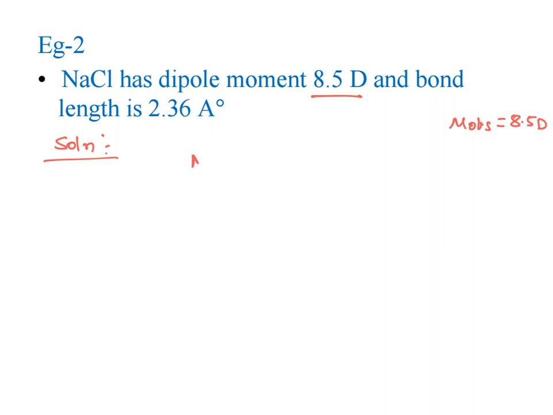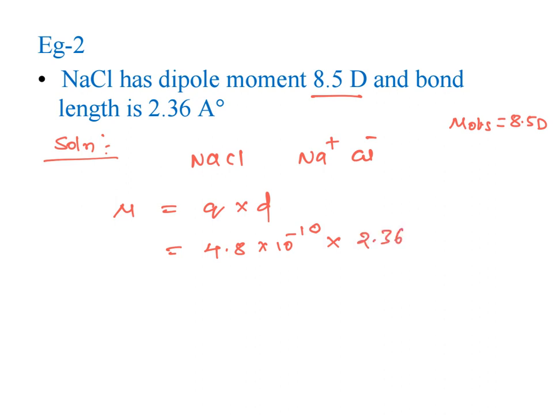And here also let us assume sodium chloride is 100% ionic. Now how much charge is there? Each one is 1 unit magnitude, and the dipole moment equals charge into distance. Here also I am taking electrostatic units, 4.8 into 10 power minus 10 ESU, and the length between the positive and negative ion is 2.36 angstrom. I can convert it into centimeters.